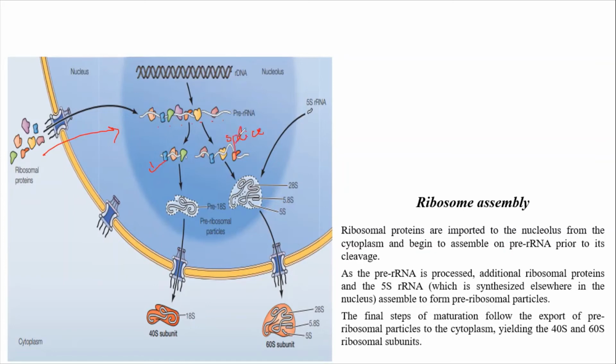Sorry, the 40S and 60S subunit is completely made inside the nucleus, and then the whole protein is transported outside. It is not a protein, it's a ribosomal subunit, right? 40S, smaller subunit and large subunit. That is transported out. Okay, yeah, the entire thing is out.